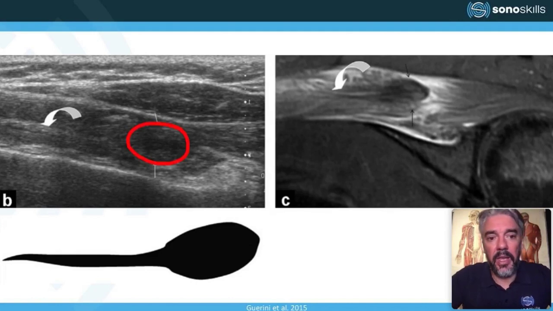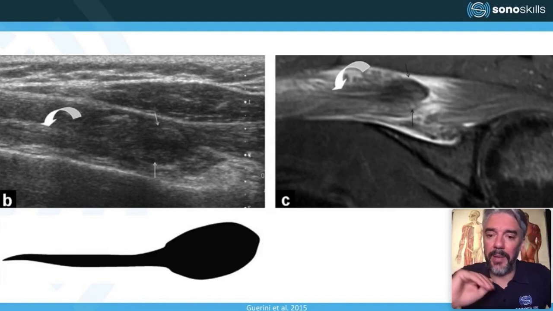This is a tearing of the muscles of the infraspinatus with a certain retraction, and in MRI you can see that this is the tadpole. And this is a typical sign for a large intramuscular tear with retraction of the infraspinatus.